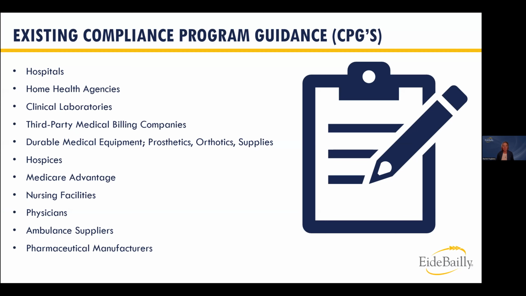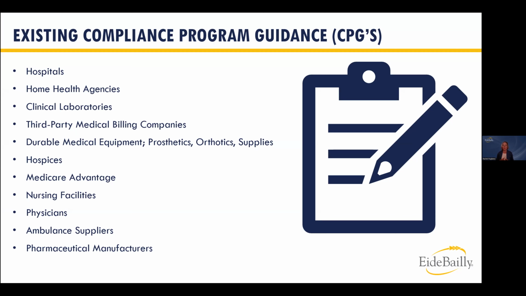So there's been existing compliance program guidance in place for years, as mentioned, for hospitals. There's home health guidance, clinical laboratories, and third-party medical billing companies. So if we outsource to one of those types of companies, the guidance is appropriate for them as well. DME companies, hospice, Medicare Advantage plans, nursing facilities, physicians, ambulance suppliers, pharmaceutical manufacturers.